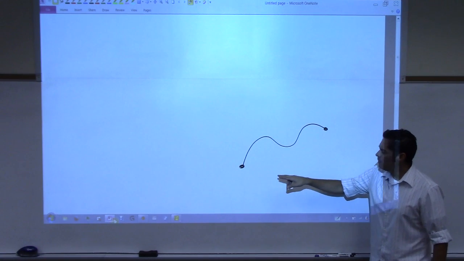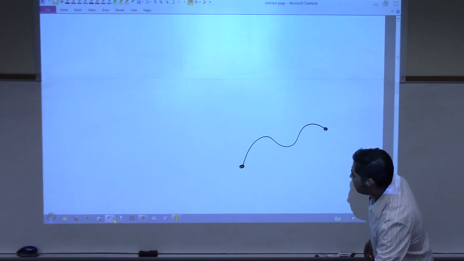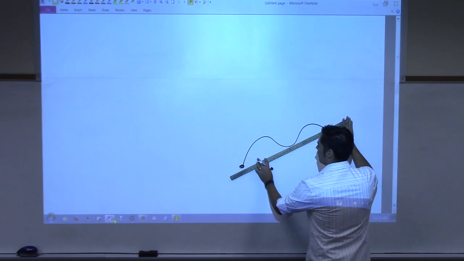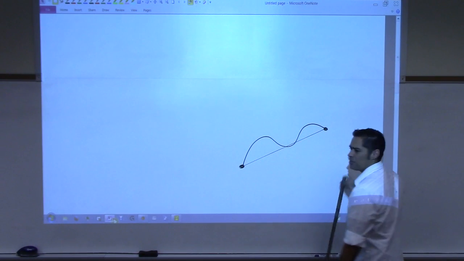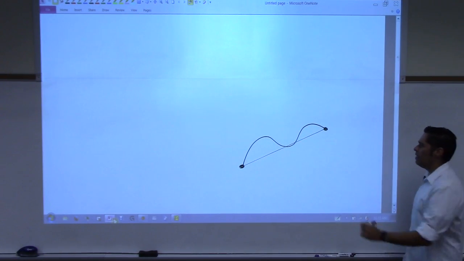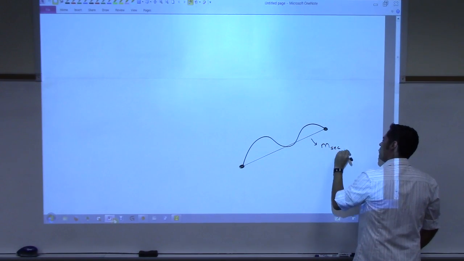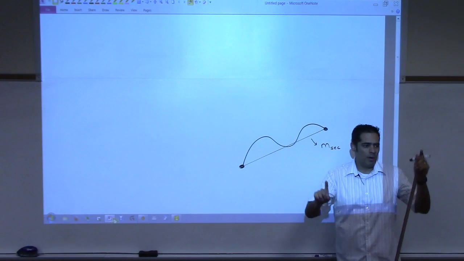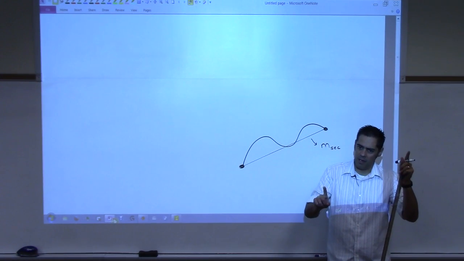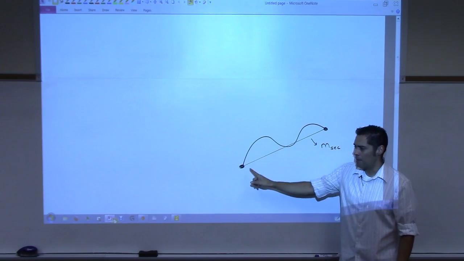Okay, so if you start at a point, you draw a function without picking up your pencil, then if I construct a line connecting these 2 points, that line has a slope, right? And that slope, m, I could call it m subscript sec, meaning secant line. The line connecting 2 points on a graph is called a secant line.